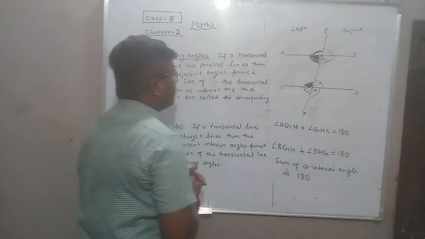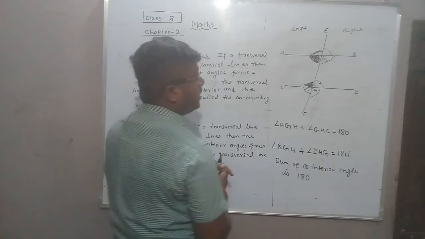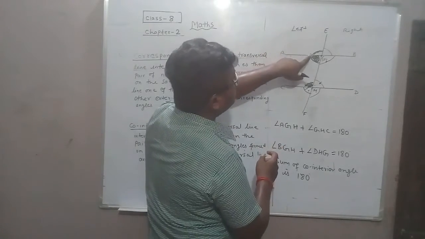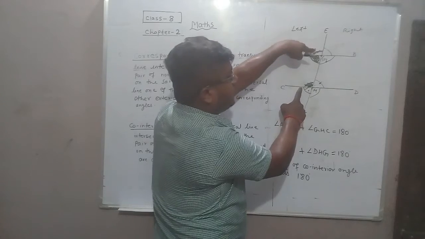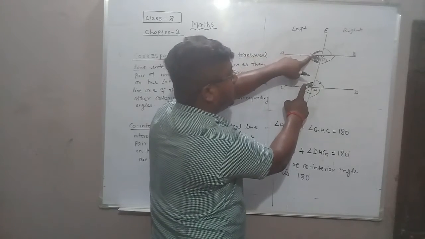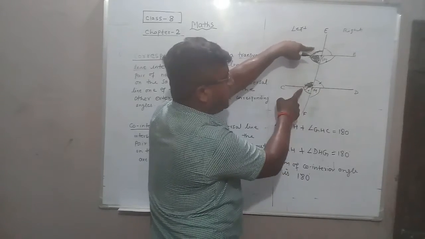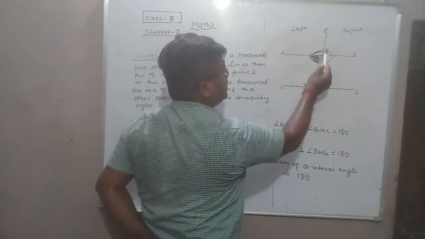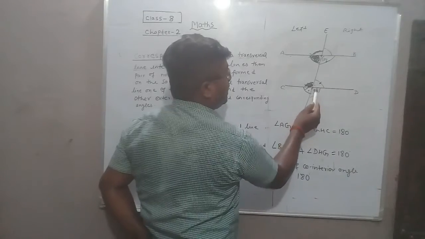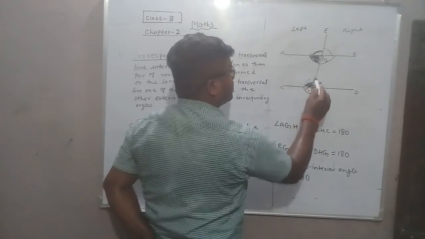Similarly, we have learned about the corresponding angle. Means if we are taking angle 1 just above, we have to take another angle just above of this parallel line. Means angle AGE and angle CHG, these two angles are corresponding angles.